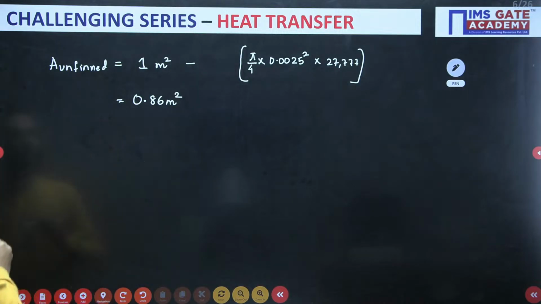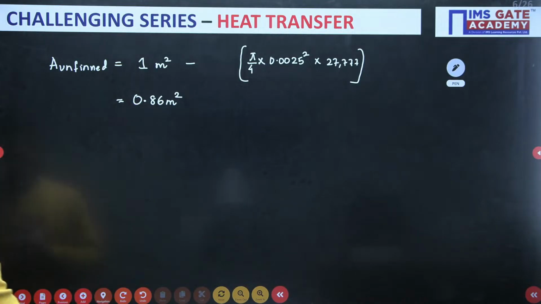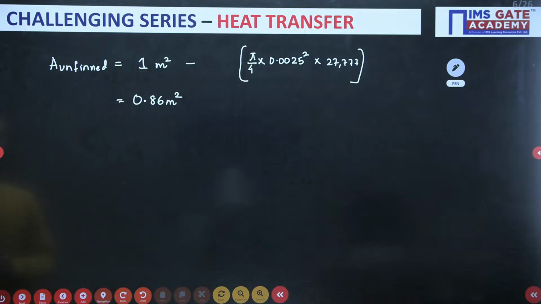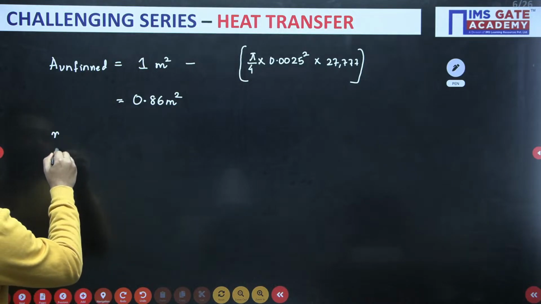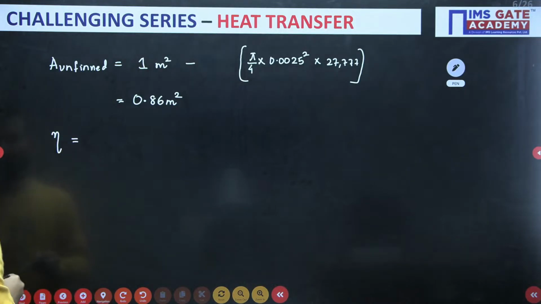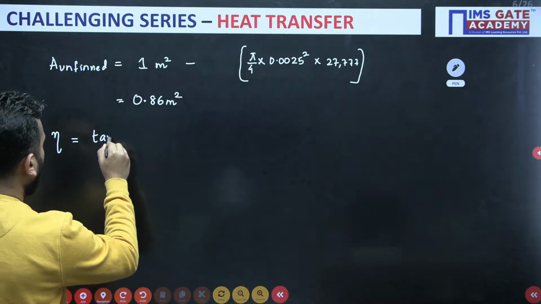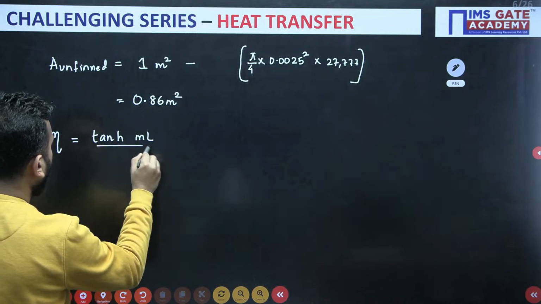So you have finned area, you have unfinned area. Now, how to find the heat transfer? A simplified way of finding heat transfer is if I find the efficiency of the fin first, by using this formula tanh(mL) by mL.